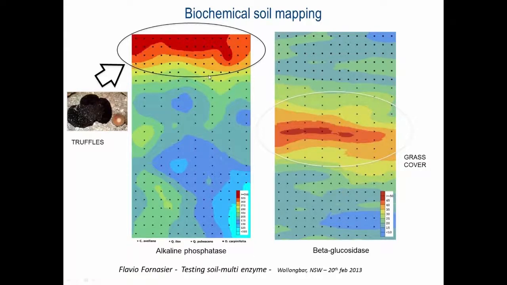Essentially what he was finding is in areas of the paddock, where each dot here represents a tree, he was finding high truffle contents where there was high alkaline phosphatase, and very low truffle content where there was grass cover and higher beta-glucosidase enzymes. So it's a bit hard to determine which factor is the main cause here for truffle production, but certainly the enzymes were useful in helping to diagnose some of the areas or potentials for these soils to produce truffles.